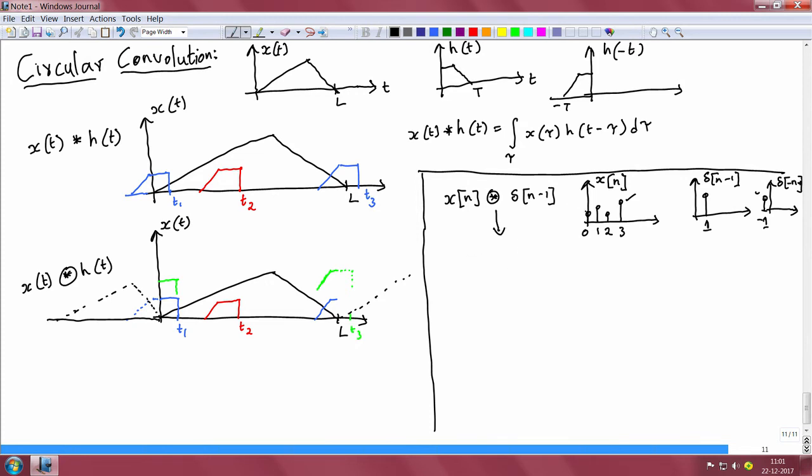Let us say these values are x0, x1, x2 and x3. The resultant signal is going to look like this: here you have x3, x0, x1 and x2.